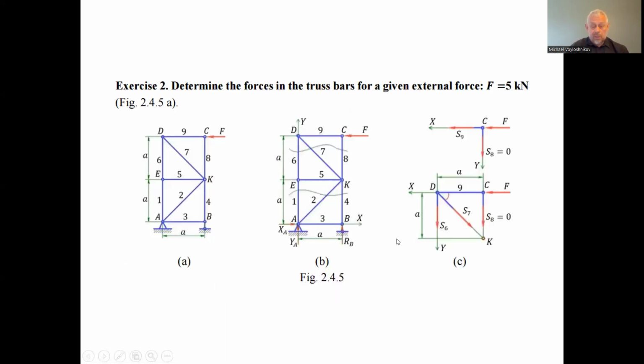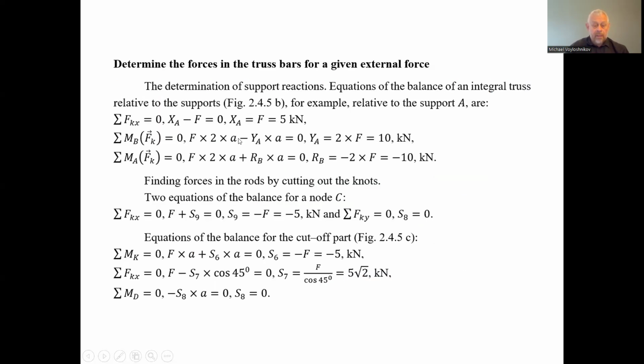So axis X, horizontal axis, and on the integral truss we can consider only two forces in the horizontal direction, the reaction XA and the force F. They are in opposite directions and acting parallel. So the projection of the reaction in the fixed hinge A is equal to the force, 5 kilonewton.